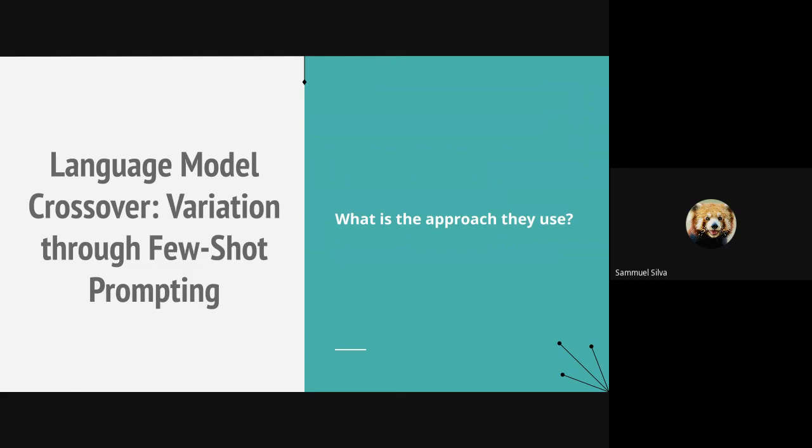The approach they use is very interesting and simple. In the paper, they start with the insight that many self-supervised language models are trained using next token prediction. This makes them naturally suitable for creating an evolutionary variation operator, like I said before.